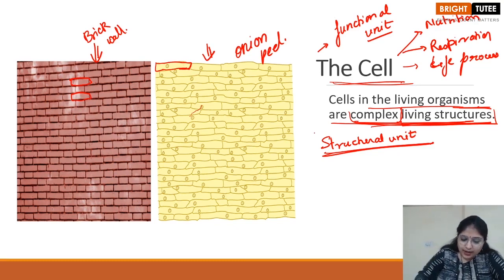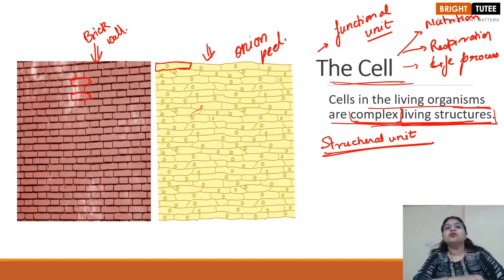Now if we talk about the cell, I already told you that not only in human beings but also in plants, even in other animals, there are different organs in the body, and these organs have different cells, right? All these cells are different in these organs, and what we observe is that each organ is made up of cells only, right?